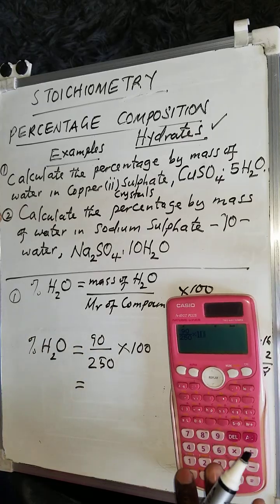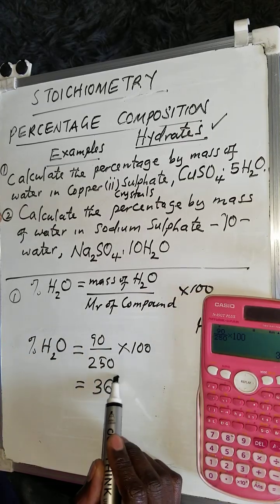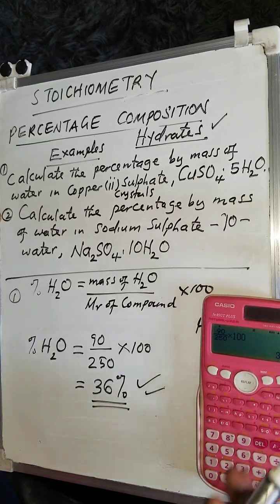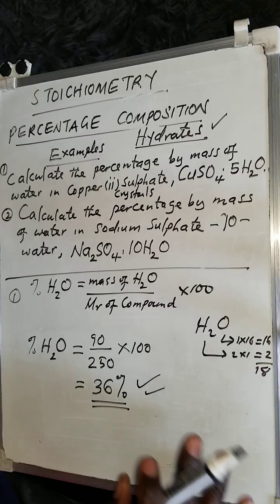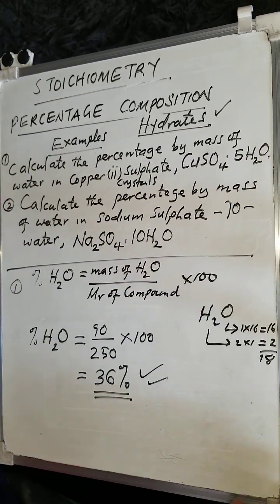Then we multiply that by 100. So that is going to give me 36 percent. Meaning that's the percentage of the water of crystallization that is in the salt crystal that we have been given. So it is not complicated. That is what you need to remember there.